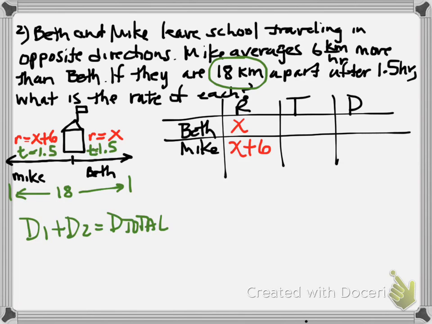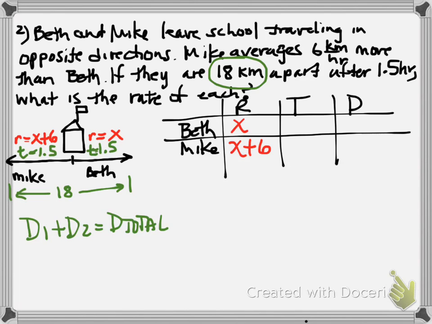And let's just think logically for a moment. If he is traveling faster than she is, because his rate is 6 more than hers, would he travel the same distance she traveled if they are gone for the same length of time? No, he's going faster, which means he's going to go farther. So just logically, it couldn't be distance of one equals distance of the other.